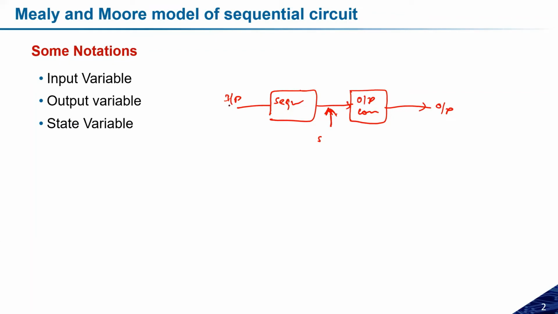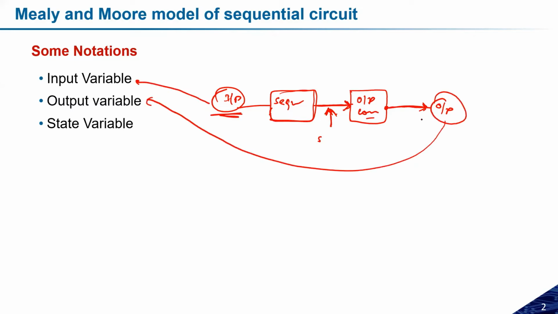Let me repeat it: here we have an input and a sequential logic circuit. The output of the sequential logic circuit is connected to the output combinational logic circuit, which gives some output. These are the input variables and these are the output variables.